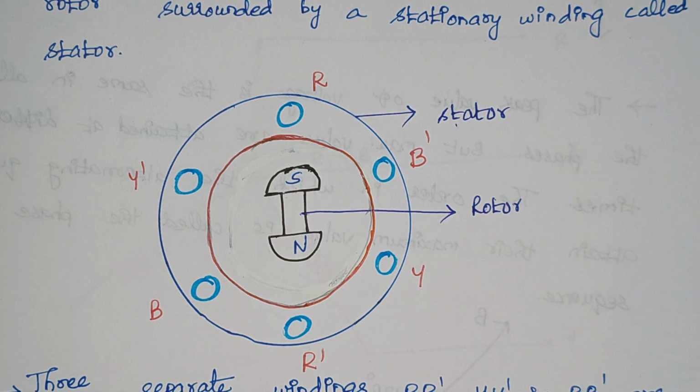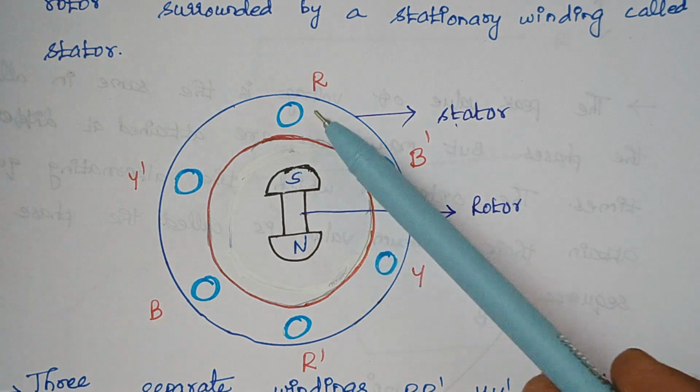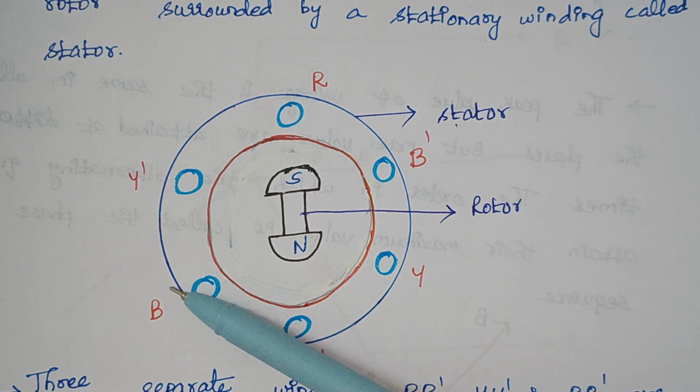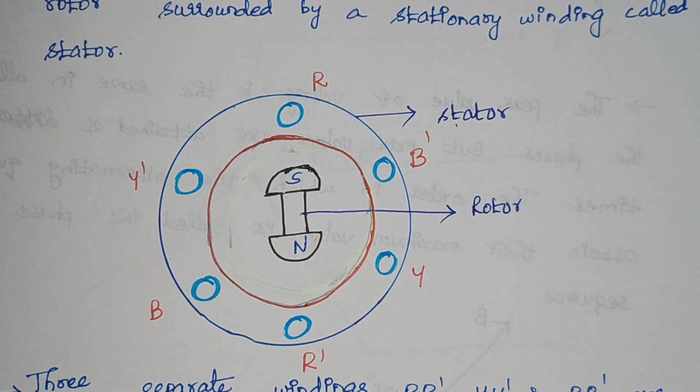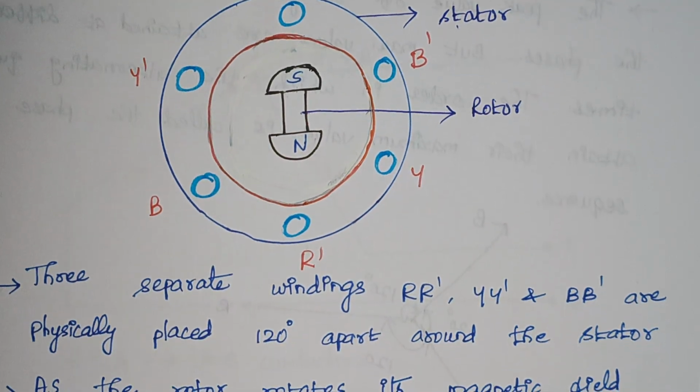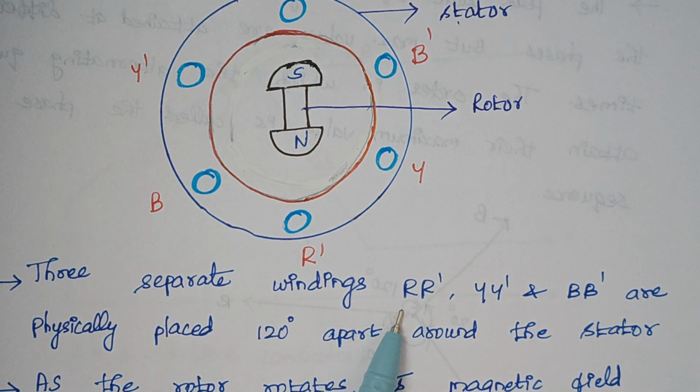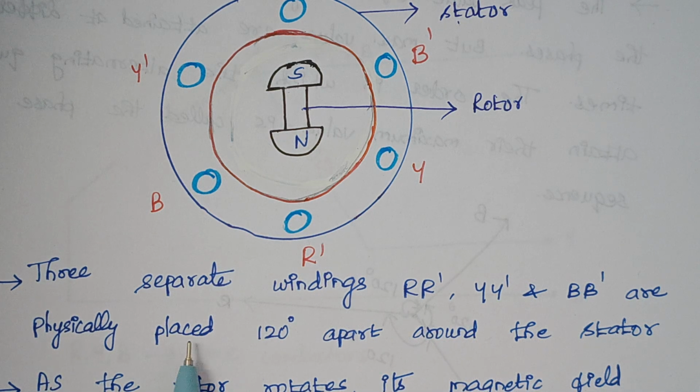Here R dash forms one winding, B dash forms another winding, and Y dash forms the final set of winding. These three separate windings, R dash, Y dash and B dash, are physically placed 120 degrees apart around the stator.